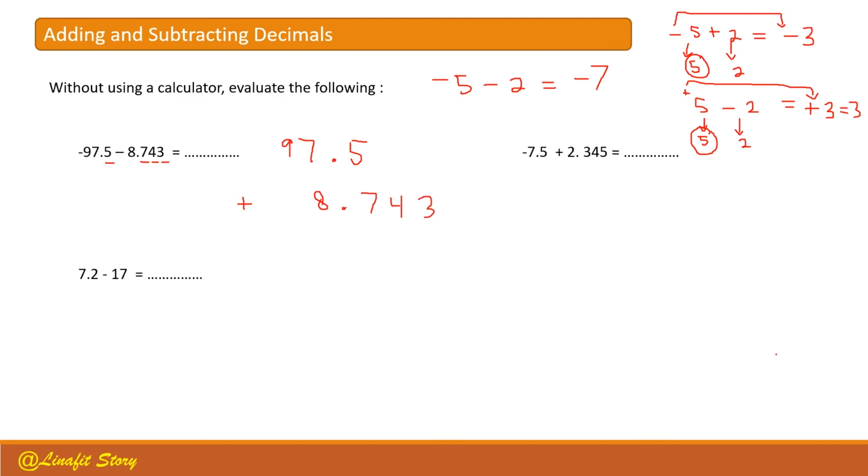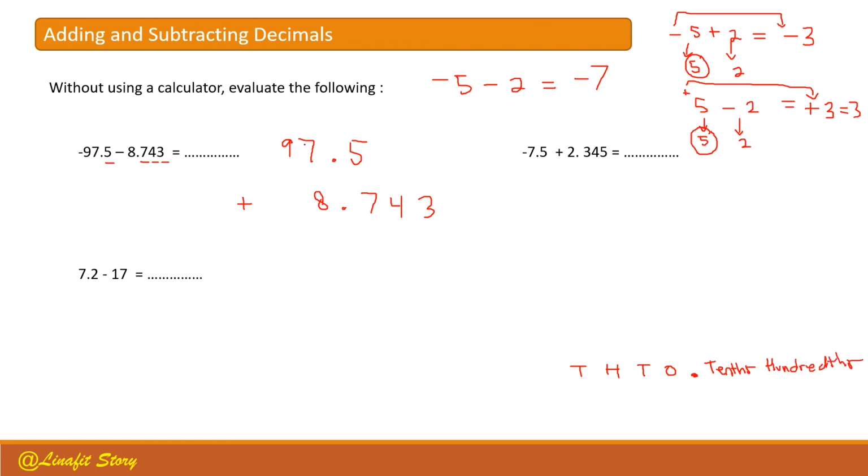So over here, don't forget, you must arrange the numbers based on their place value. This is ones, tens, hundreds, thousands, 10,000, and many more. And then over here, this is the decimal point. After ones is tenth, then hundredth, and so on.